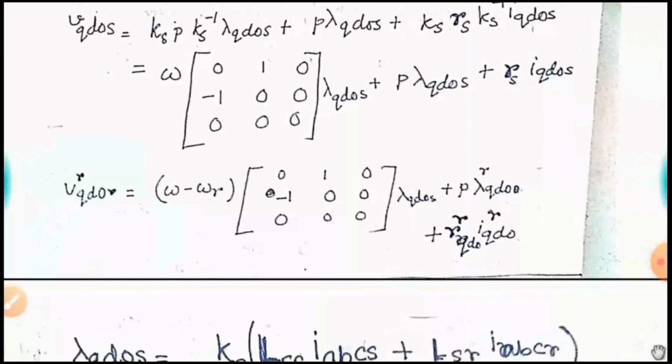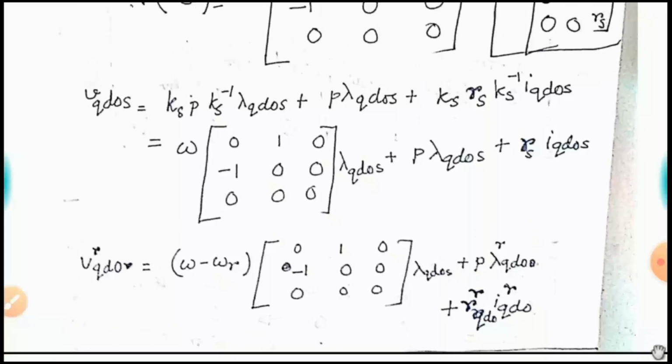Now one more thing I would like to say here, and that is very important in this context. This PQD0S was the transformation of your QD0S, which is rotating at a speed omega.